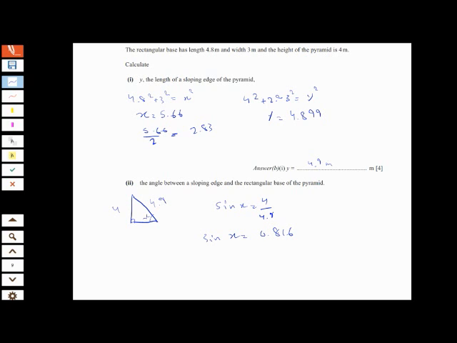Now in order to find x, take sine to the other side, and the answer would be 54.7 degrees. That's the answer.